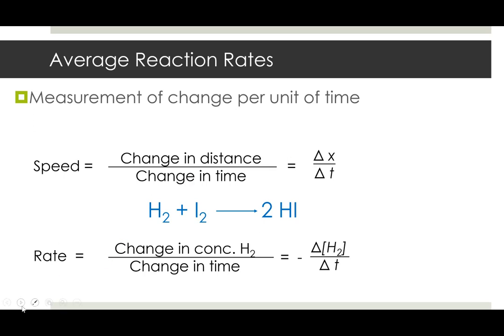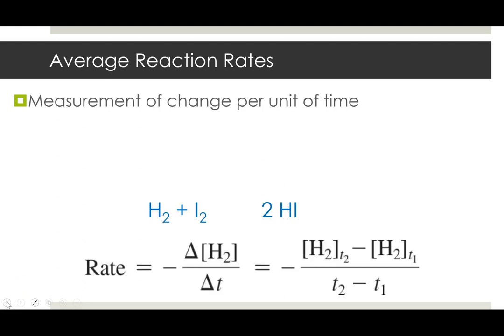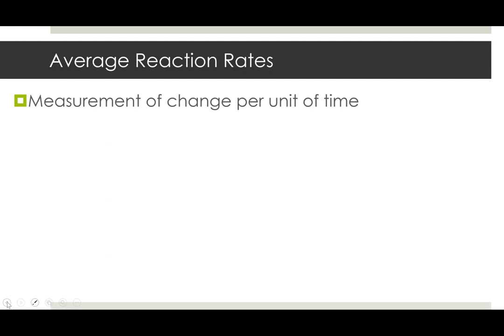All right, so let's break this down one step further. Okay. So how do we determine the change, right? So if I'm looking at experimental data and I'm going to look at how the concentration changes over a given amount of time, remember that the change in something is always, always, always final minus initial. Final minus initial.